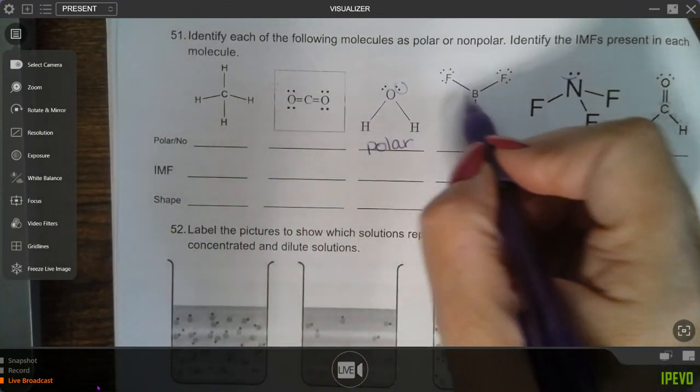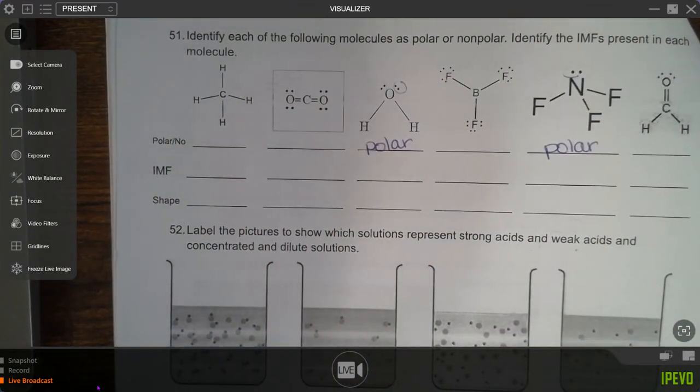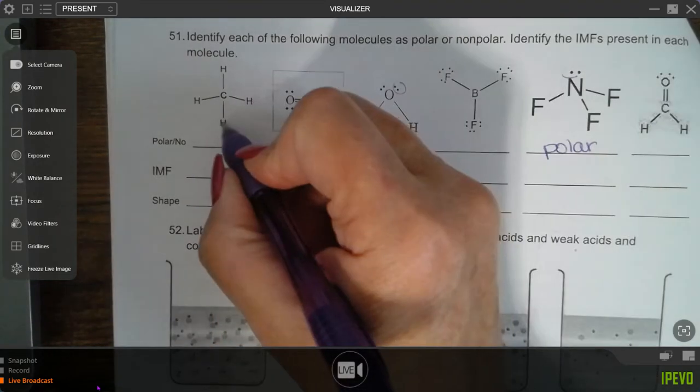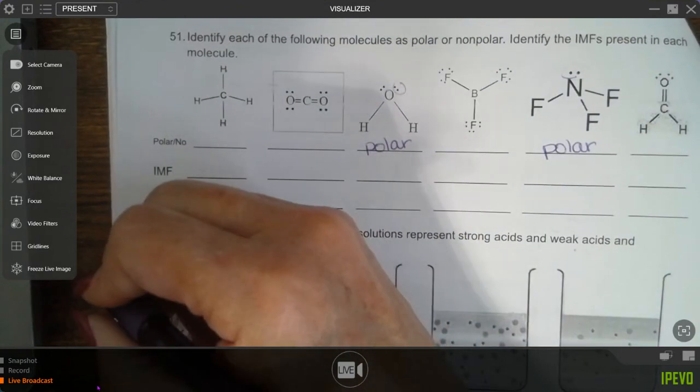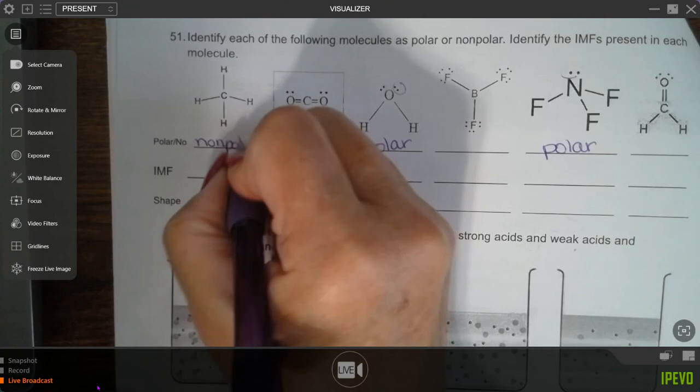These 4 do not have lone pairs of electrons on the central atom. So we have to ask another question. That other question is, is everything attached to the central atom the same? Okay, so in this case, we have 4 hydrogens attached. So this is a non-polar compound.